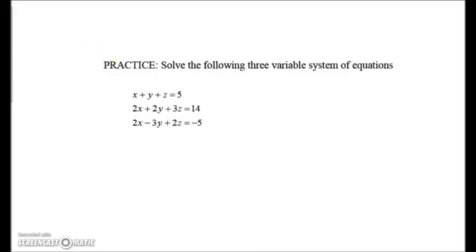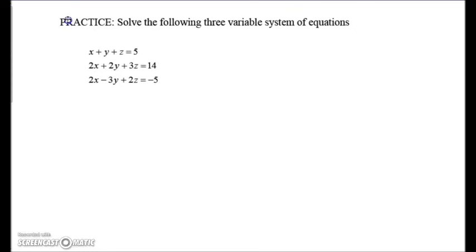Now for our final practice, we've got this pretty challenging problem here that I'd like you to get as far as you can, doing any work that you can to try to eliminate one of the variables. I won't tell you which one you have to do first or anything like that.